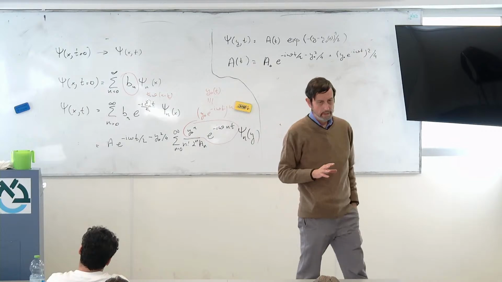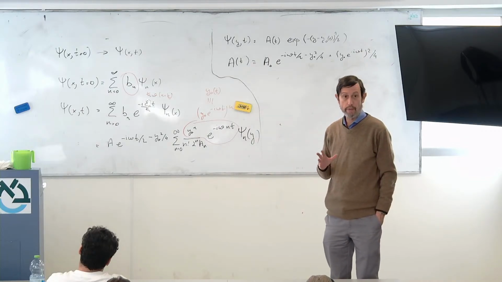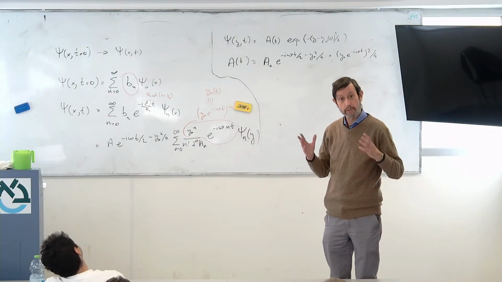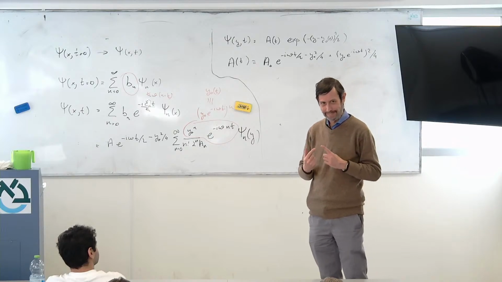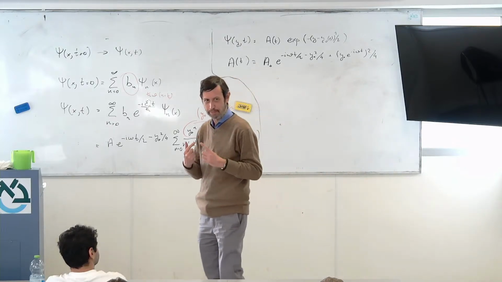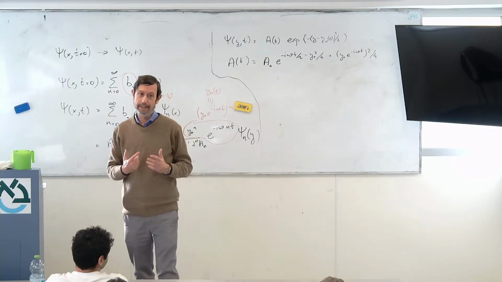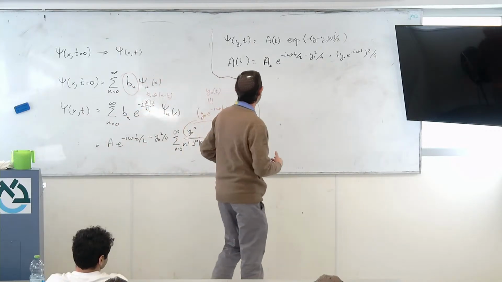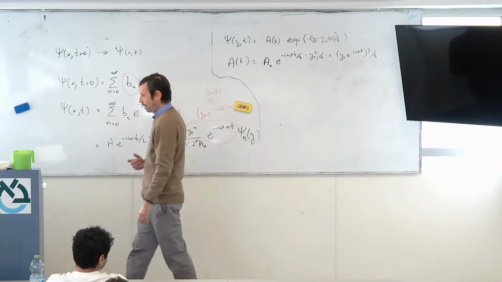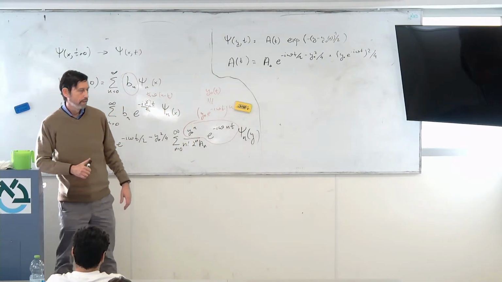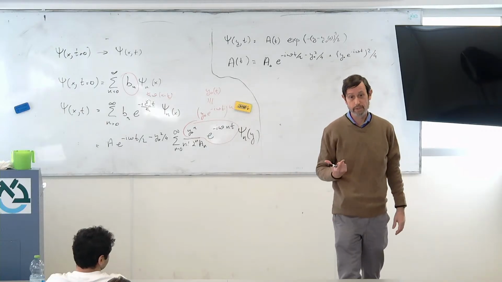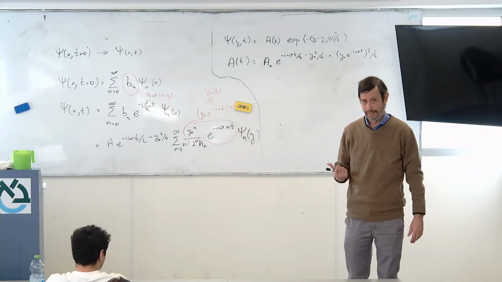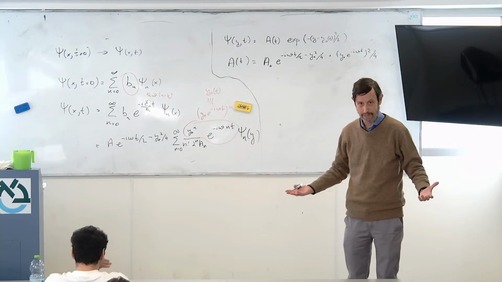And the reason for it is that a wave function doesn't give me the position of the particle. The wave function squared gives me the position of the particle. And therefore, I should not look at the wave function, I should look at the wave function squared and then make my case.